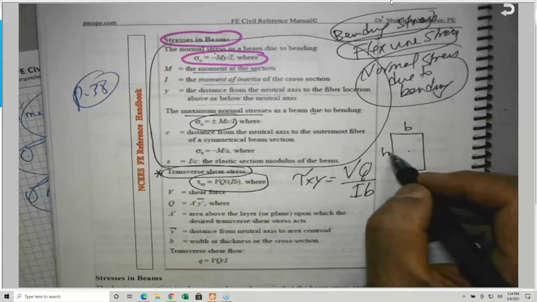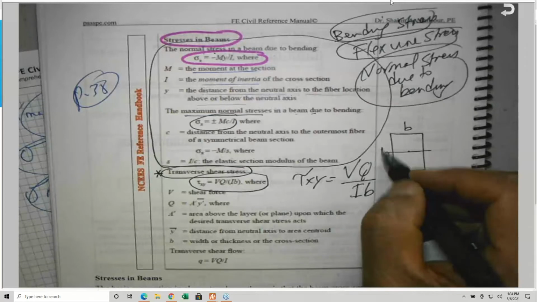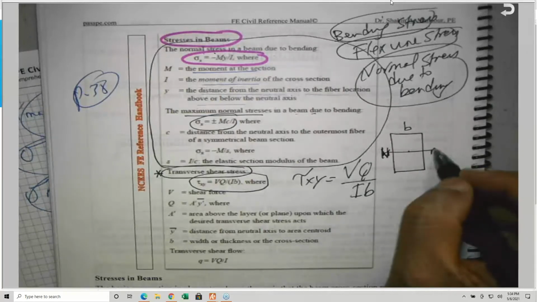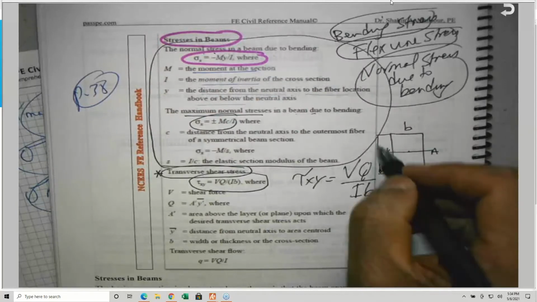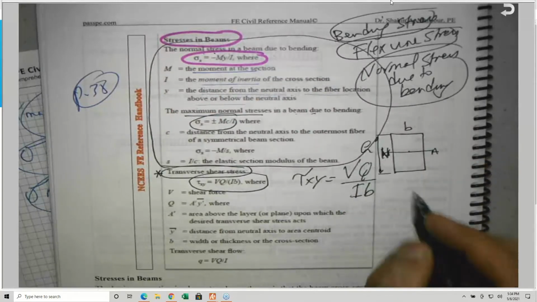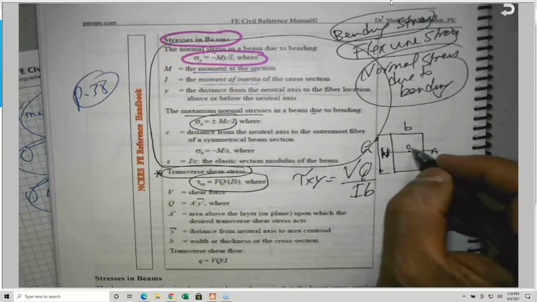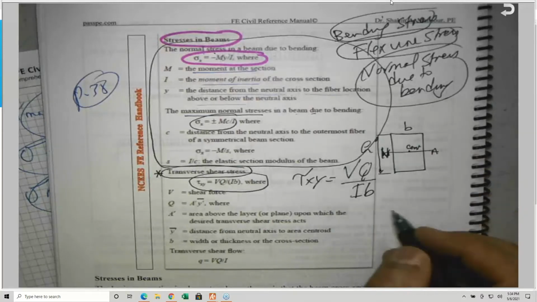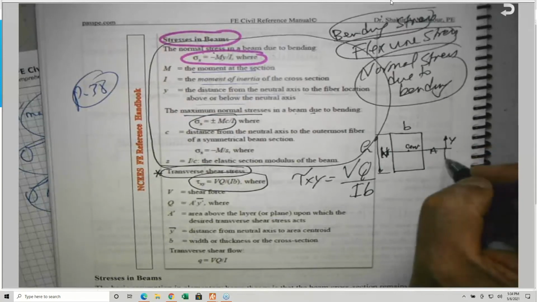The axis that goes through the centroid we call the neutral axis, NA. This is the neutral axis and this is the centroid C. The distance y is measured from here, up and down.